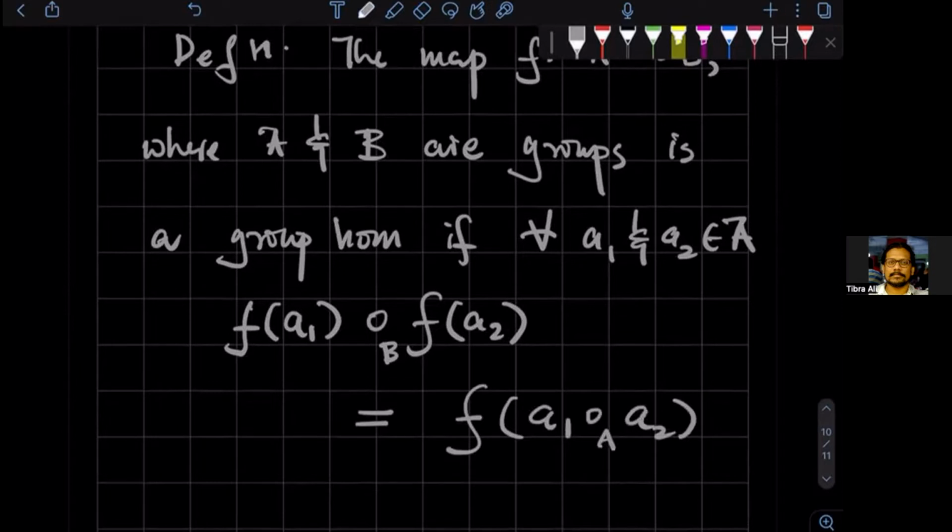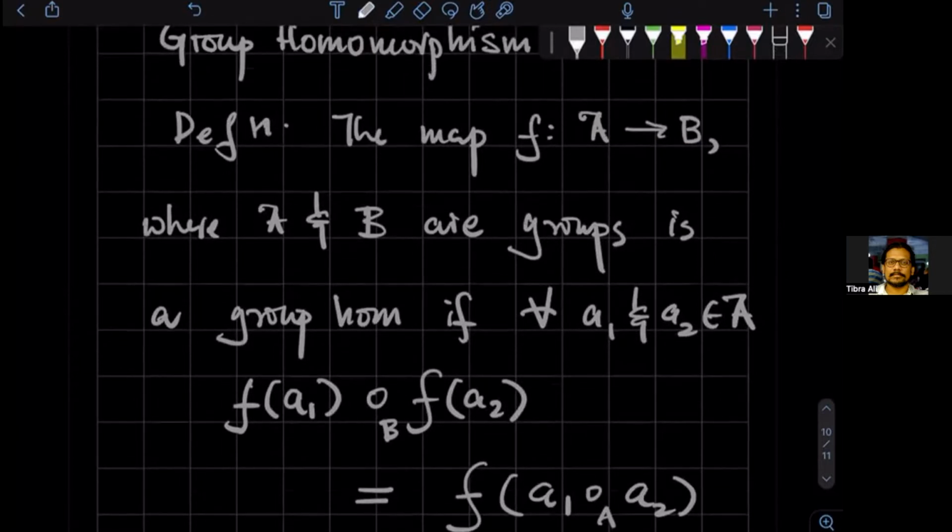If this is satisfied, then we say that this map is a group homomorphism, right?